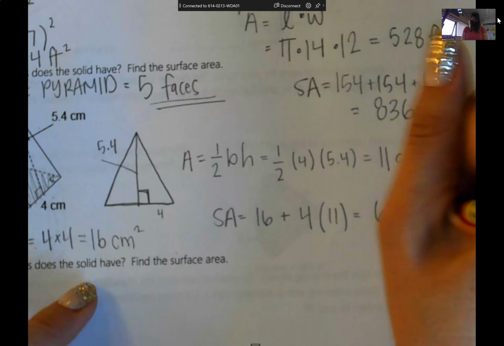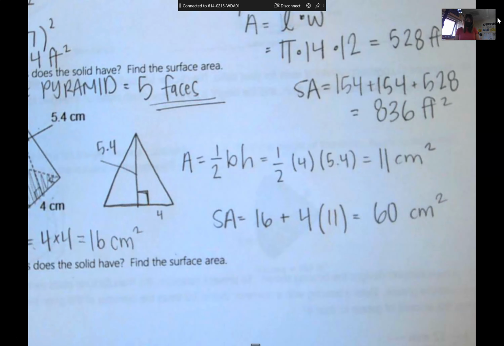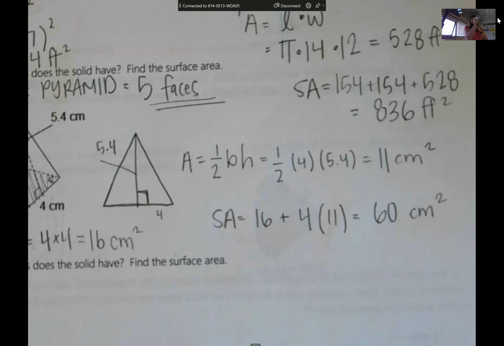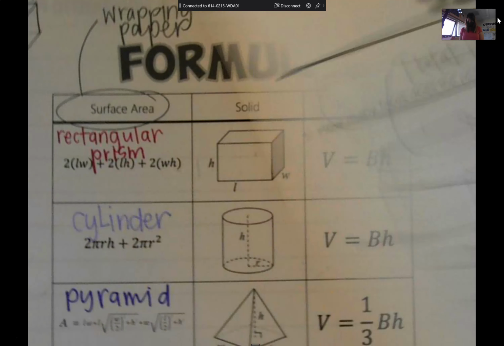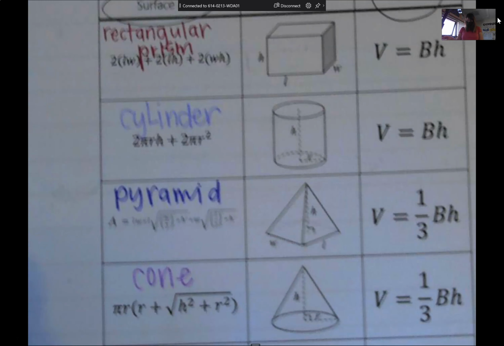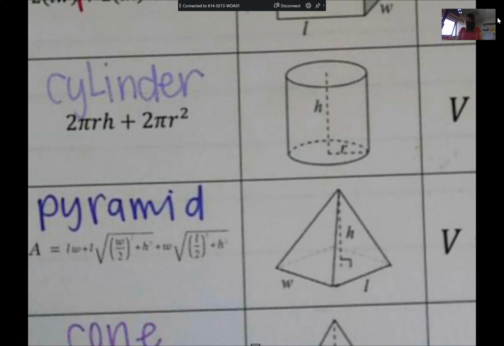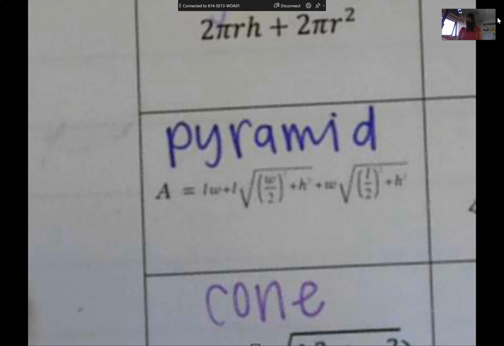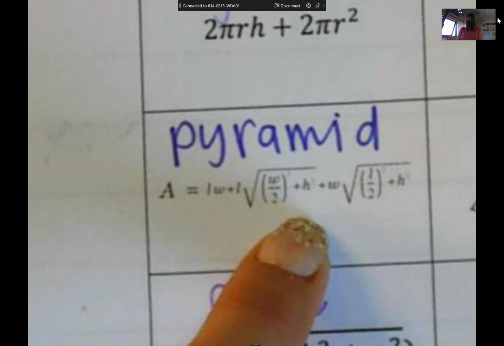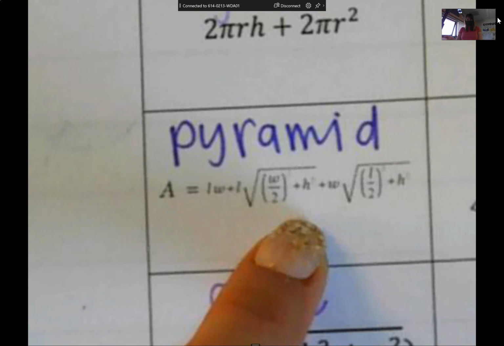I think that's right. Is that right, Famil? Are you guys alive? Is that right? Yeah. Okay, let's look at the formula for that pyramid. Oh my goodness gracious. Are you guys seeing this formula? I definitely don't want to be using that thing.